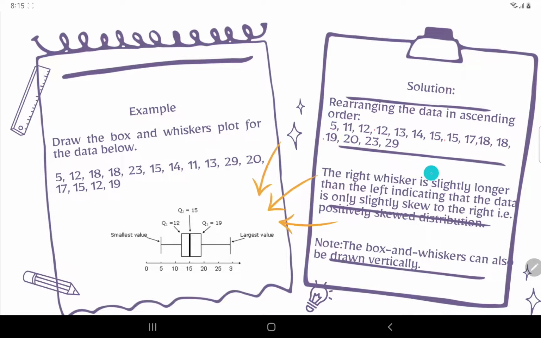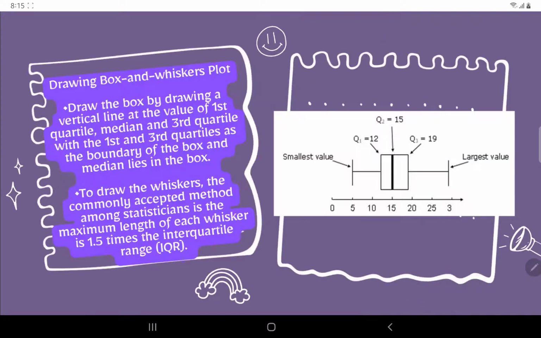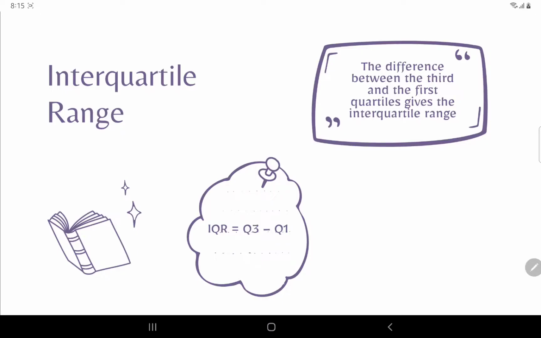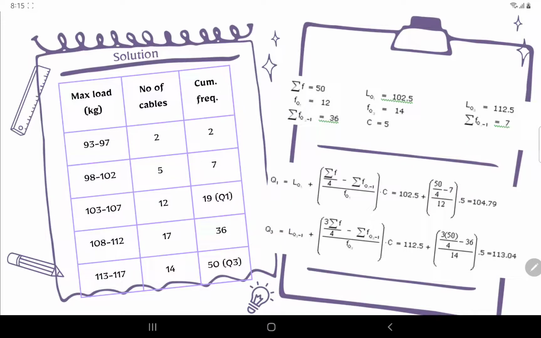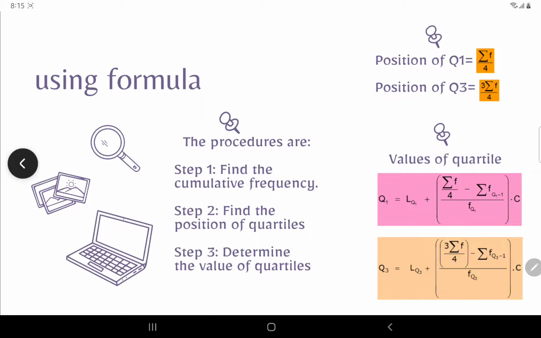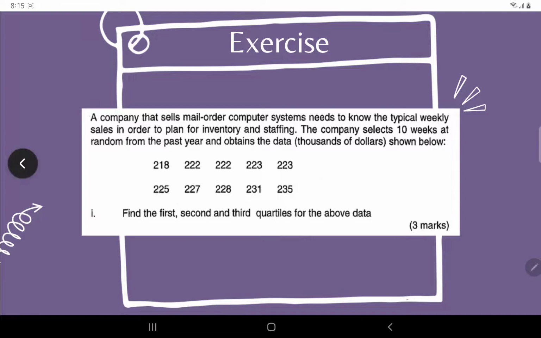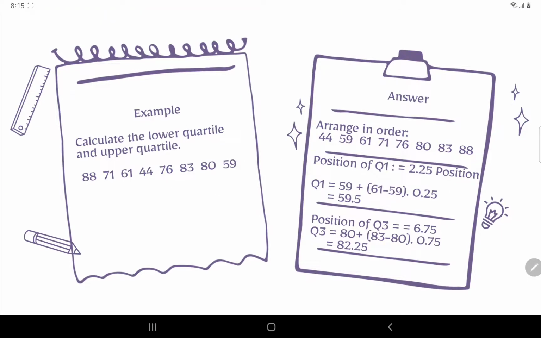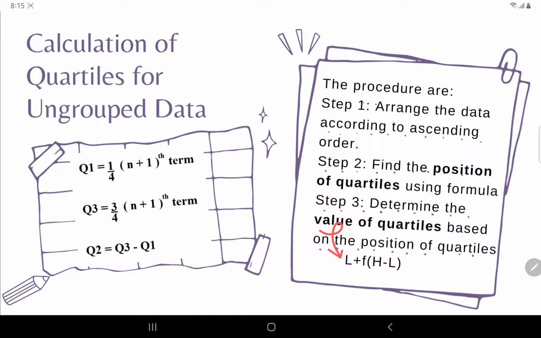Kita kena cari dia punya position, position of Q1, Q2, Q3 and the value of Q1, Q2, Q3 based on the previous example. Yang ni tadi untuk ungrouped data, we need to find the position first and then the value, based on this formula, the position and the value.